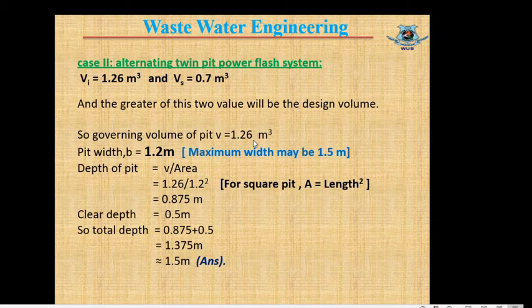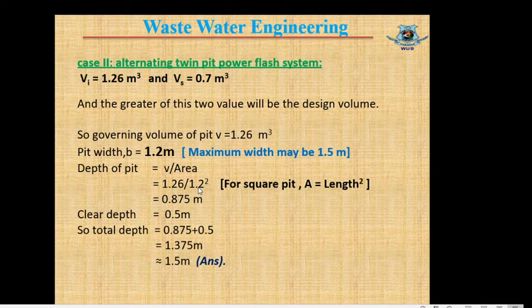Now we need to calculate the depth of the pit. Take width of the pit equal to 1.2 meter as in the previous slide. So depth of the pit equals volume divided by area. Our volume is 1.26 meter cube and area equals 1.2 squared, as this is a square pit, because length and width are the same.